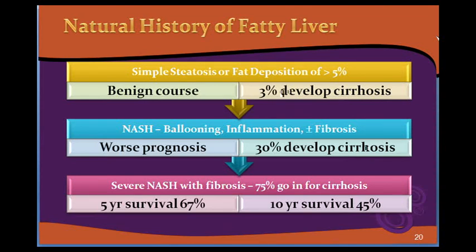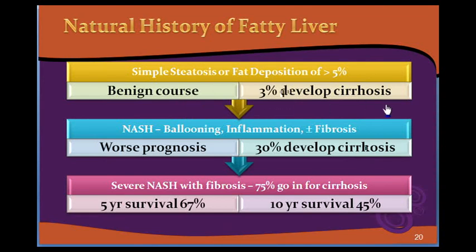So, what is the natural history of a patient who develops fatty liver? Is it that everyone will progress to end stage liver disease and cirrhosis? No. Simple steatosis, or fat deposition of more than 5%, has a very benign course. It has nothing to be worried about, but we have to recognize them and see that they do not progress on to the second stage.